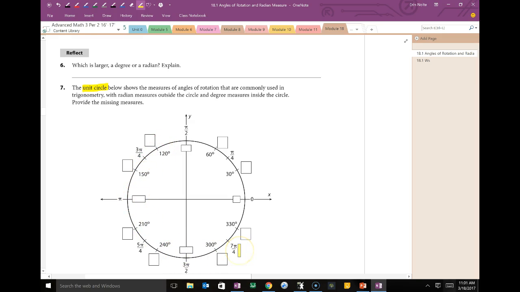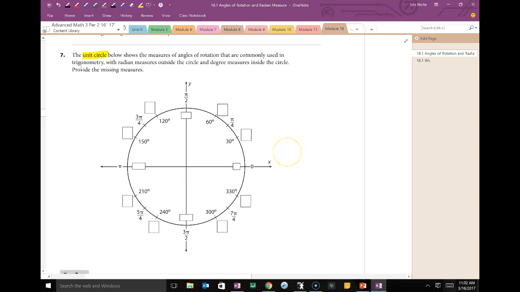Every one of those increments increases by 30 degrees. They also include the other special triangle of 45, 45, 90. So halfway in between this first quadrant is going to be a 45 degree angle. Same thing right here. This is a 45 degree angle off your 90.